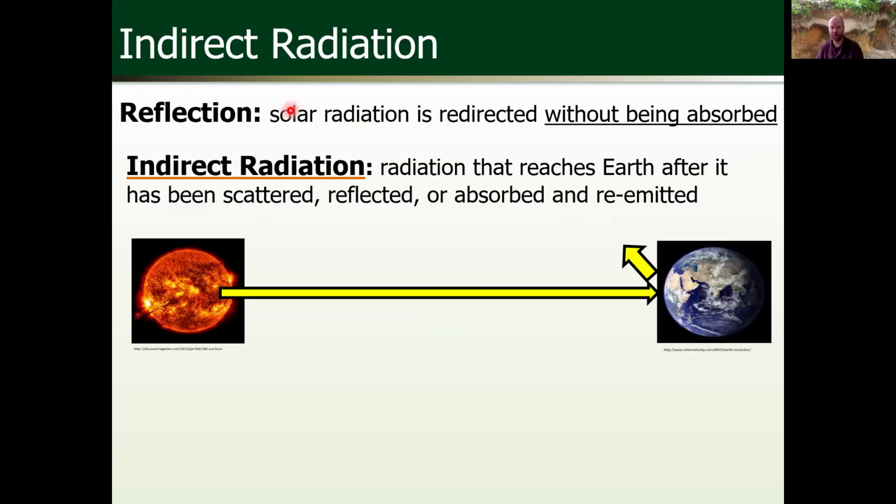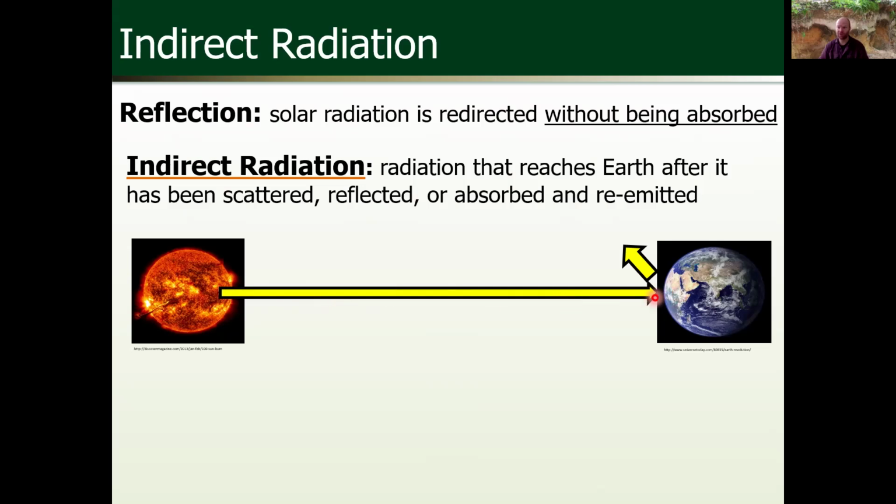So reflection is solar radiation that is redirected without being absorbed. We've said it many times, but to hear directly, the key is that it is not absorbed. Then we talked about direct radiation, which is the amount of radiation that actually reaches Earth's surface.